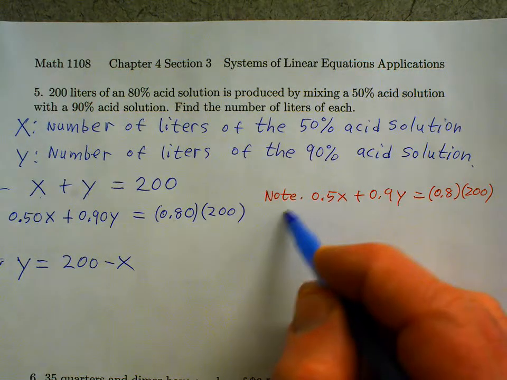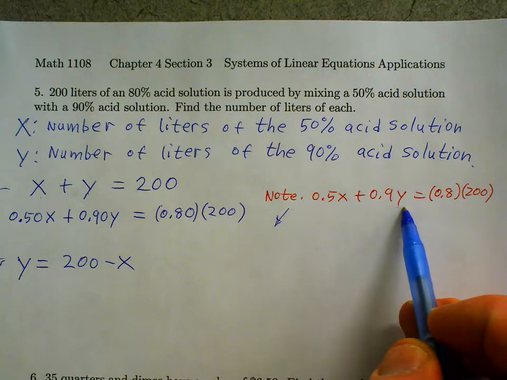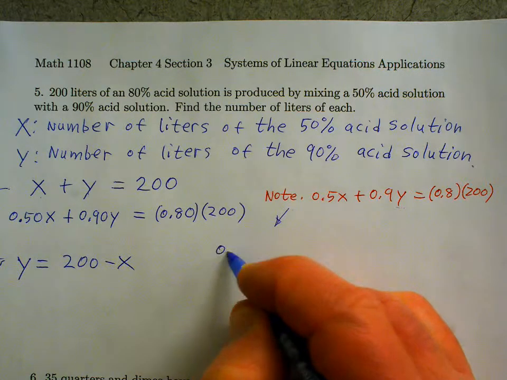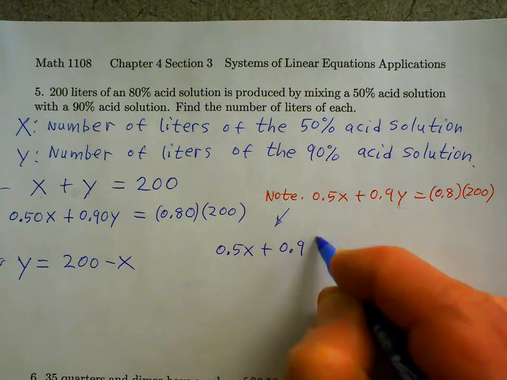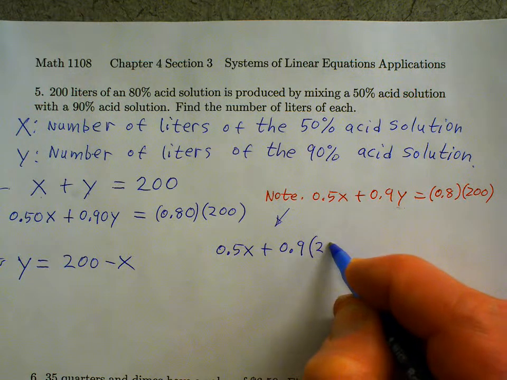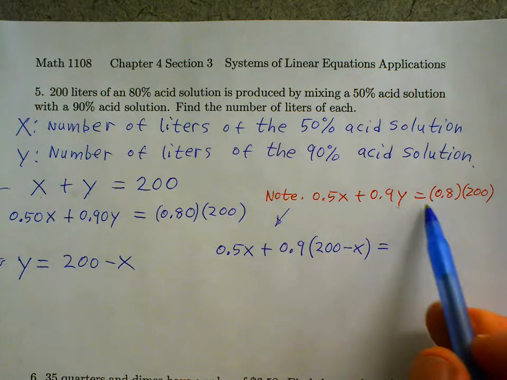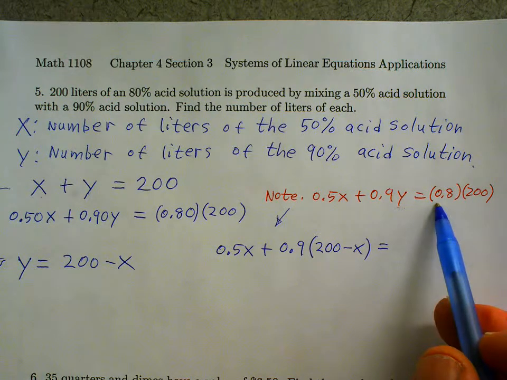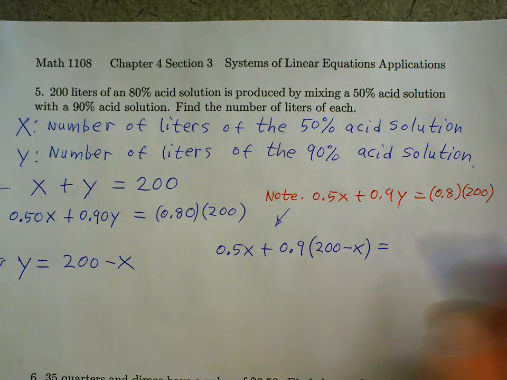And then in this equation, I'll replace y with 200 minus x. So we get 0.5x plus 0.9 times the quantity 200 minus x. And if you want, 0.8 times 200 is just 160.